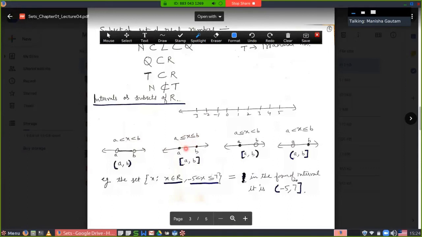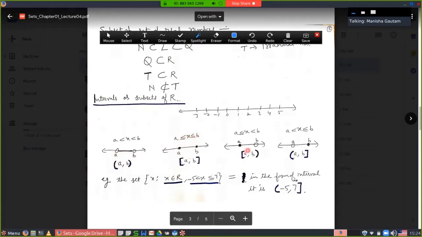And represented on a number line, look at it carefully. In the first case, I have written empty circles at A and B. It means A and B don't belong. In-between numbers belong to the interval. Here I have written filled circles. Filled circle means A and B are included in it. x are the numbers which are greater than or equal to A, less than or equal to B.